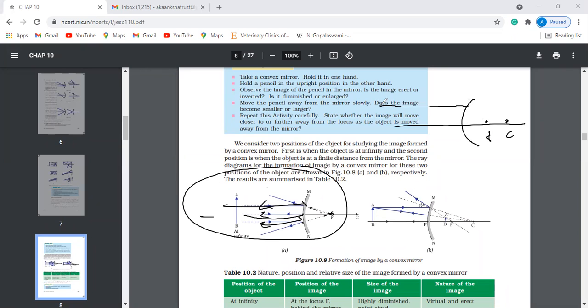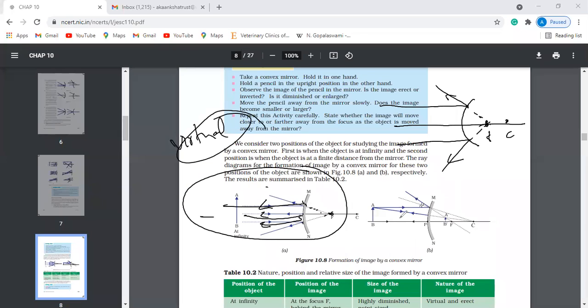So this is the way it will be there. But when you make light incident like this, it will go. But when you extend this, it will meet at the focus point. Okay, if we do that, then we call it a virtual image. I have told you, right? When you just extend the line, then it's called virtual.